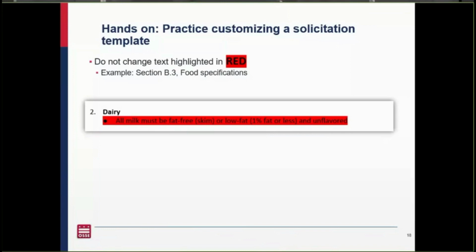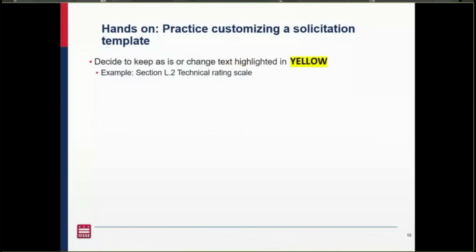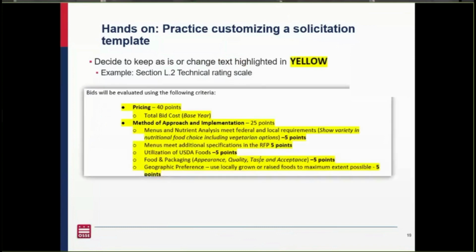Next, we'll look at yellow highlights. And if text is highlighted in yellow, then you could change the text within reason, which is an important condition. But you must include something on the topic.